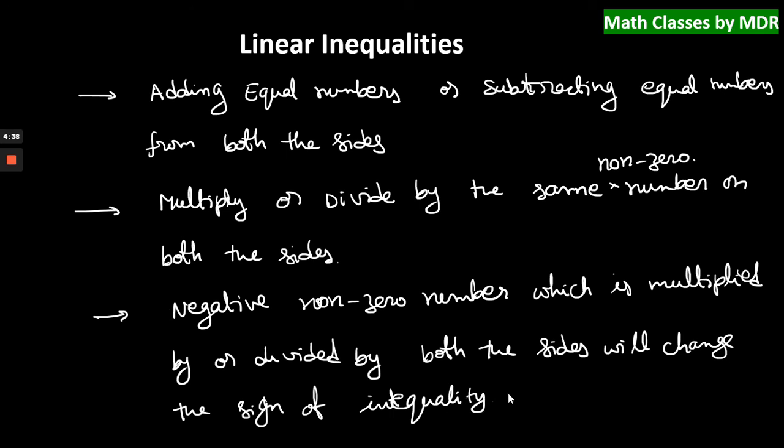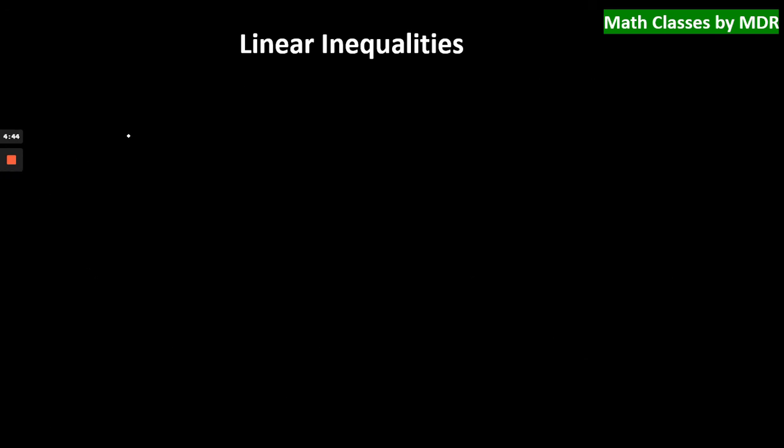Let me take one example in order to see this. For example, we have x plus 2 greater than 5. In order to solve this, we can subtract 2 from both the sides.